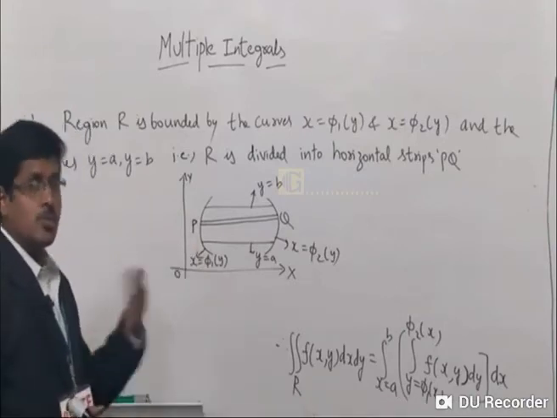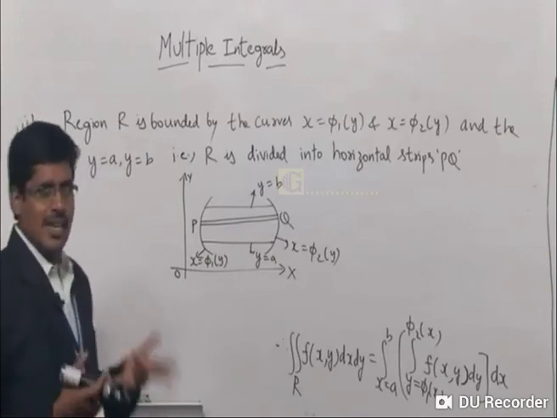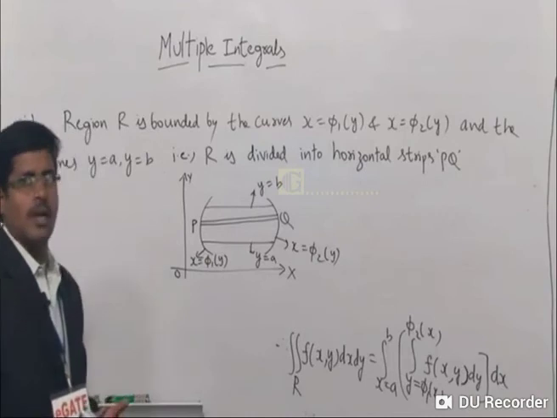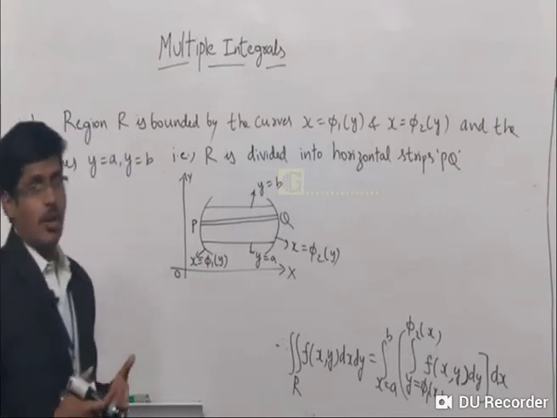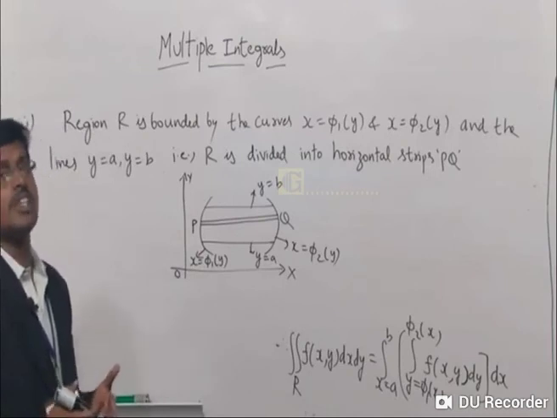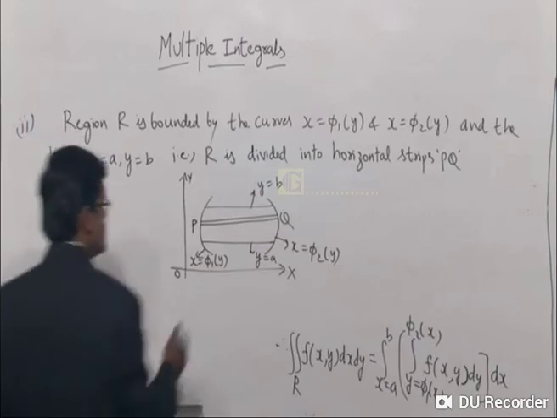Your limit should remain the same. Whenever it changes, you split into that number of regions. If there is one change, your region is divided into two parts. If there are two changes in either the upper limit or lower limit, then you divide the region into three parts, like that. This is just the property of definite integrals.